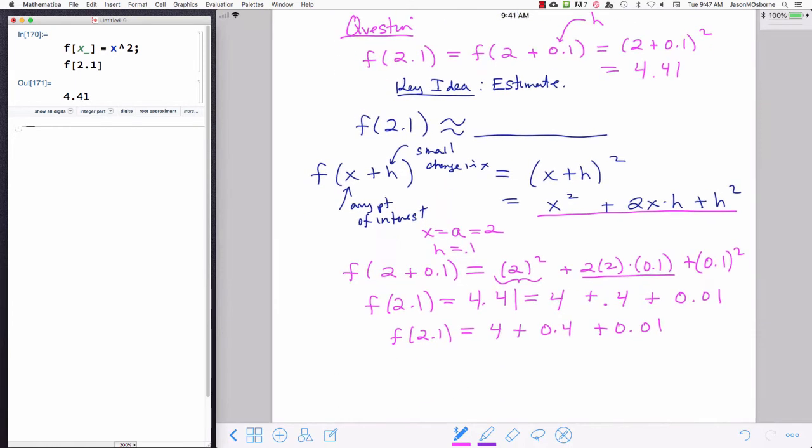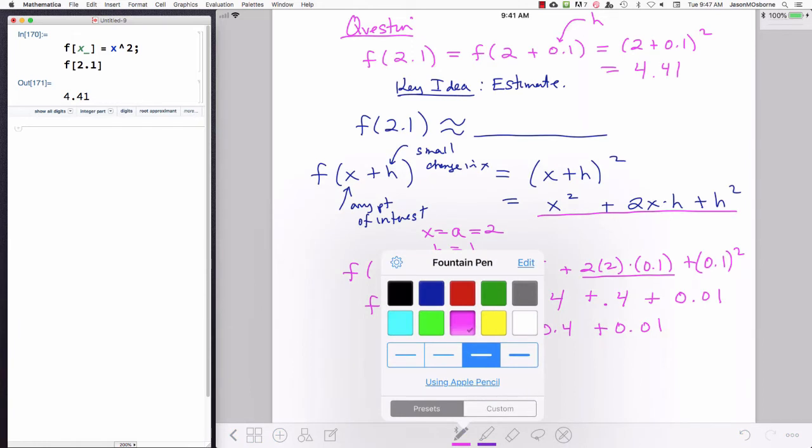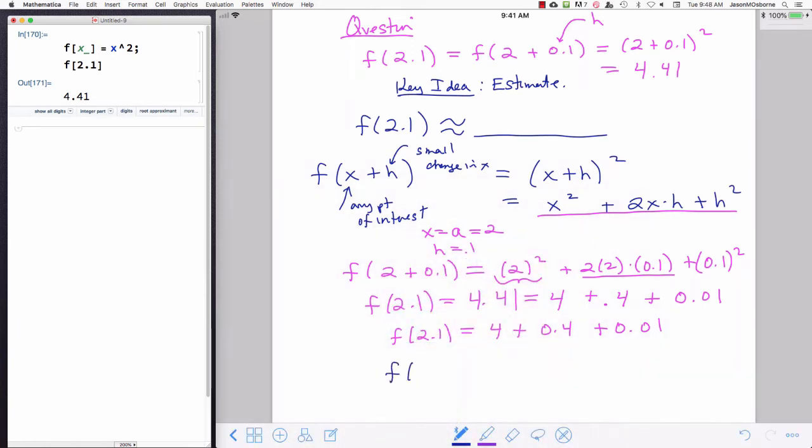It's really made up of those three numbers, okay? Which is another way of saying that the function evaluated at 2 plus 0.1 for h is the function evaluated at 2 plus, and then 2x is what we were calling our derivative at 2, times h plus h squared.